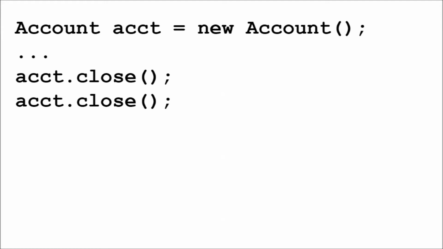The surprising answer is yes, because you could call account.close, which has the effect of closing the account, and if you call account.close again, the effect on the system is still that the account is closed. So it's safe to call account.close more than once. Account.close is an idempotent function with a side effect.